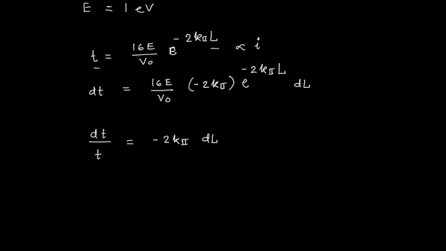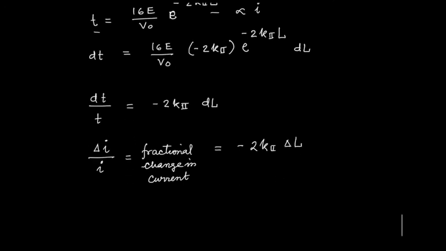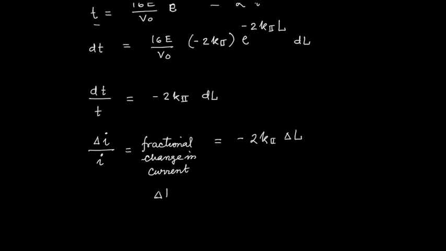So dT by T will also give me the fractional change in current, say delta I by I. This is the fractional change in current, and it will be k2 into delta L. So I can calculate delta L, which is the undulation that I want to measure, as 1 by 2k2 delta I by I. You can put a minus sign over here, but it's really a convention which direction you call plus.